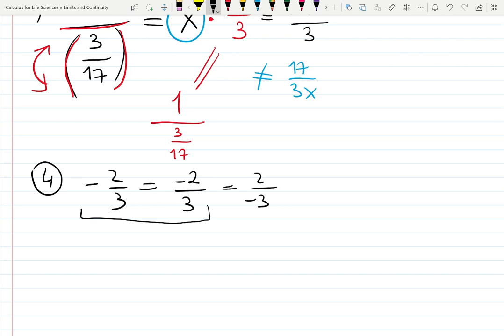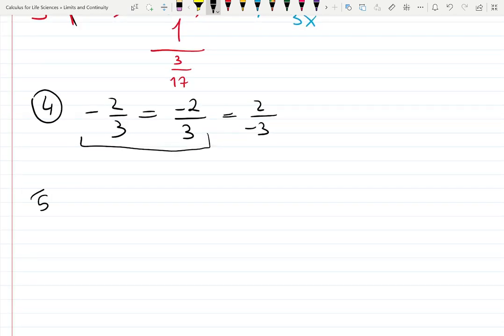Finally, what you can and cannot do. Let's do that. It's going to be 1 over x times y. Can you break it into two fractions? What do you think? Let's vote. Yes or no?